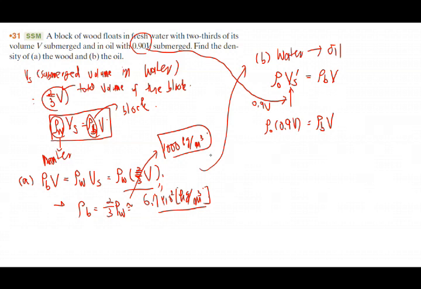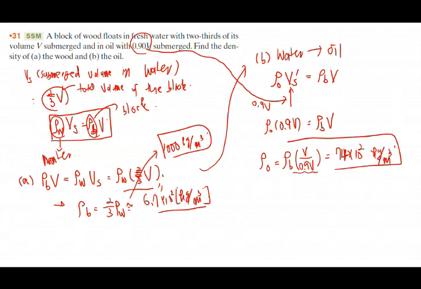The oil density is proportional to the density of the block multiplied by the ratio of volume between those two portions, the total volume and the submerged portion. So that is 7.4 times 10 to the 2, 740 kilograms per cubic meter.